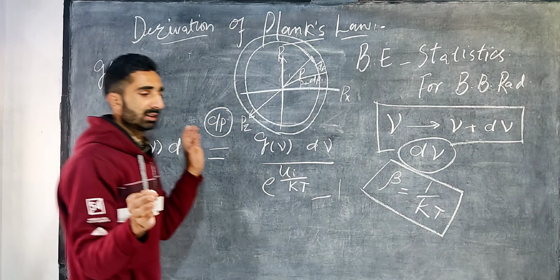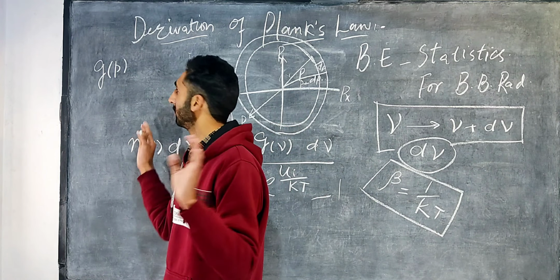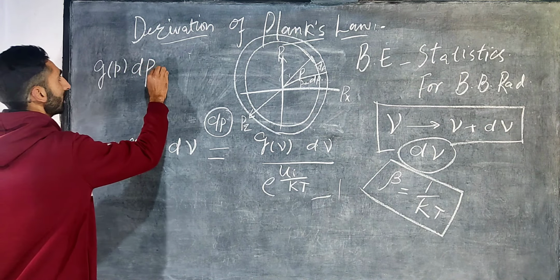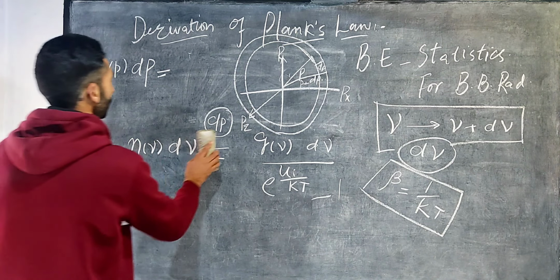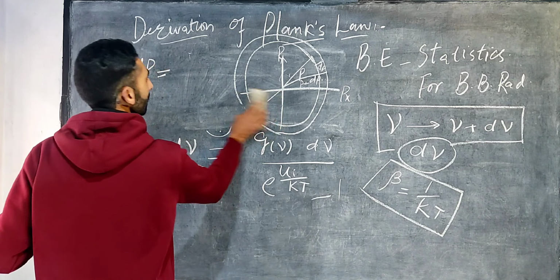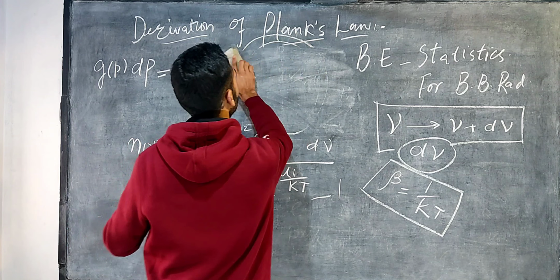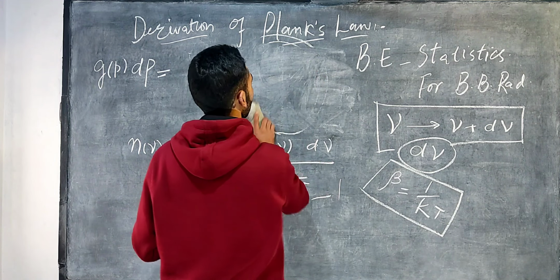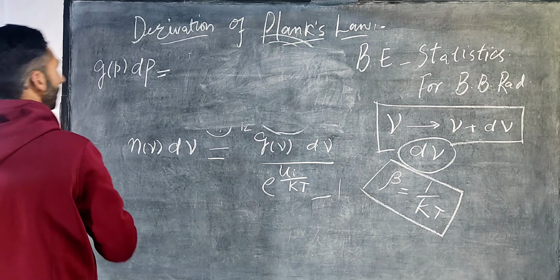In that very case the phase space cells, as you have already seen, was given by g p dp equal to... this is all done in your previous classes. These are all the formulas which I use here.